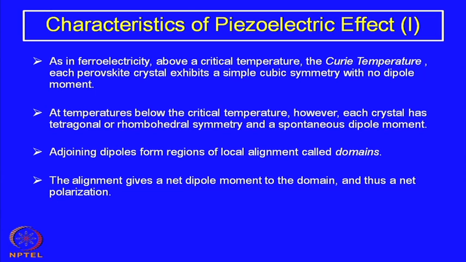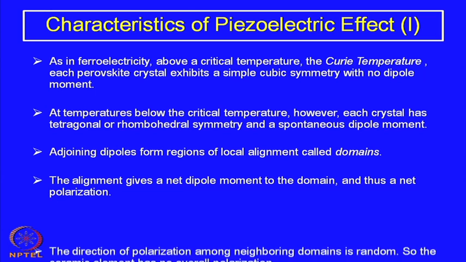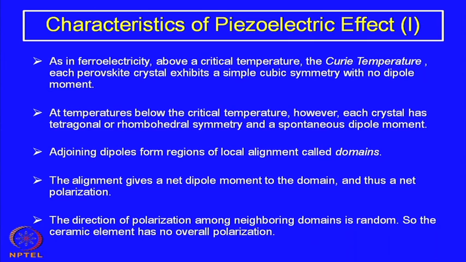So, each domain has a net polarization, but it is associated with neighboring domains which may be at a different orientation. They cancel each other, and therefore there is no net polarization when the average is taken over a large number of domains.